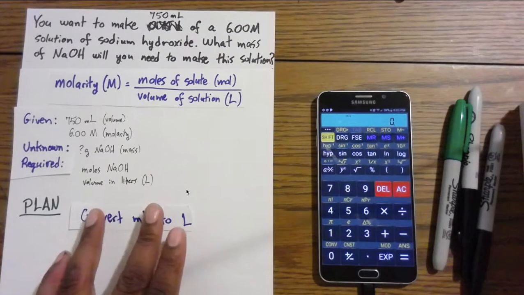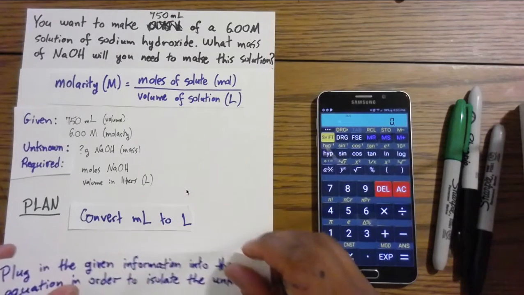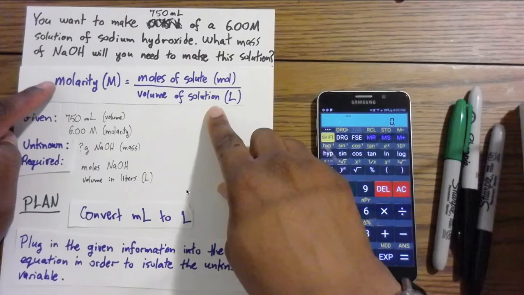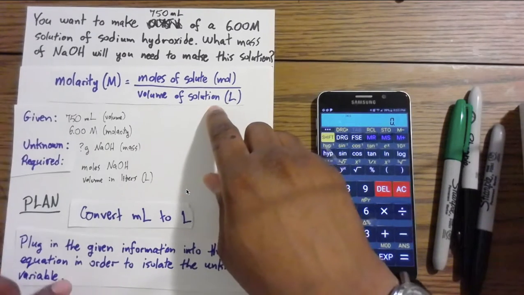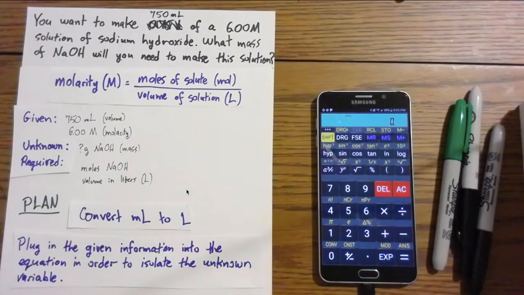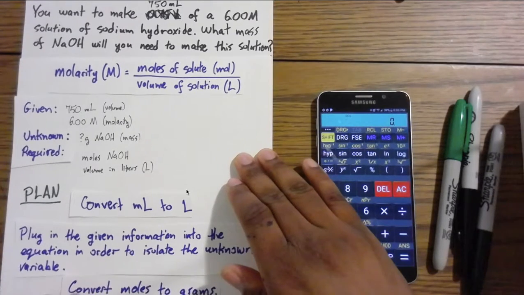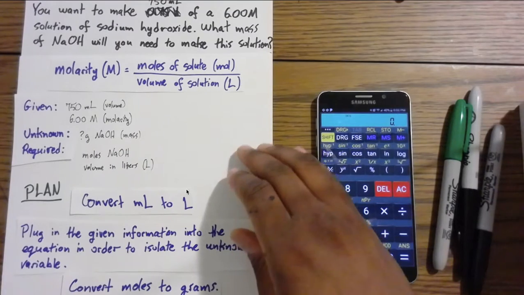So let's get my milliliters converted to liters, and then once I do that, I'm going to plug in my volume in liters and plug in my molarity. Once I get the moles of solute, then I'm going to convert moles to grams. That's my plan for solving this problem.